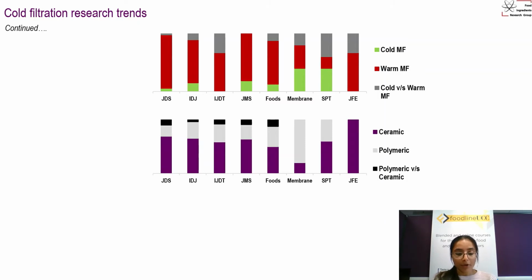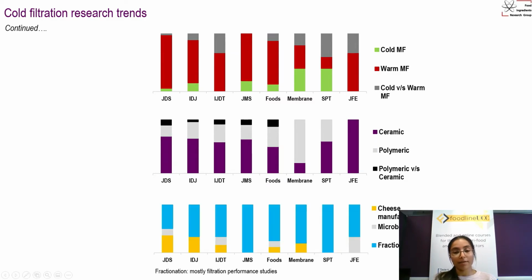Ceramic membrane was largely used in all studies, with the exception of Journal of Membrane Science. Most of the MF studies were carried out for cheese manufacture, MF performance studies, to study the fractionation with different pore sizes of membrane, different types of membranes, etc. And thirdly, for microbial removal.